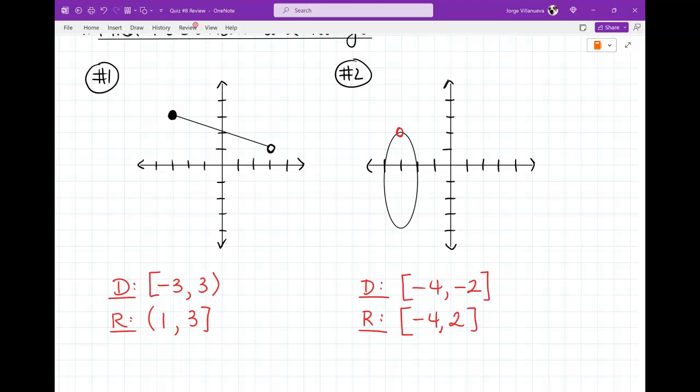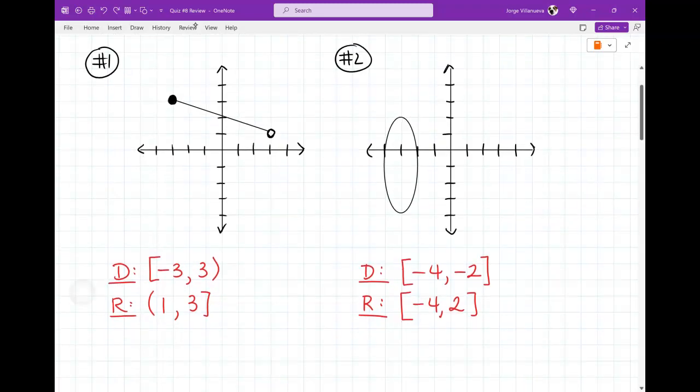If there was a hole on the top, I would say -4 with the bracket to +2 with the parenthesis. Okay? But there is no hole there, so no need to do that. All right? So you guys will have one that looks like a line, one that looks like an absolute value, one that looks like a circle, and one that looks like a parabola. I think those are the 4 that you're going to see. Are we okay with this?